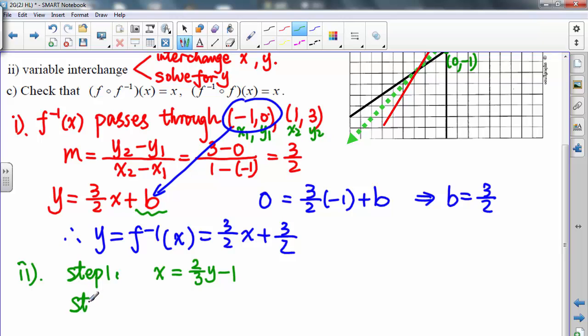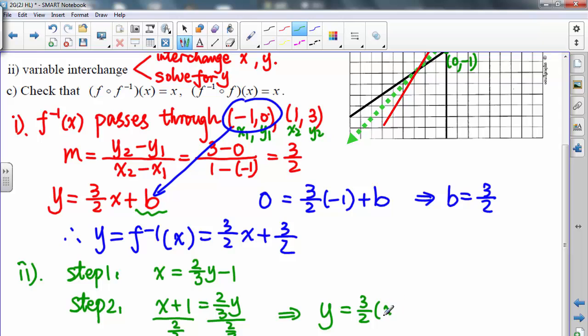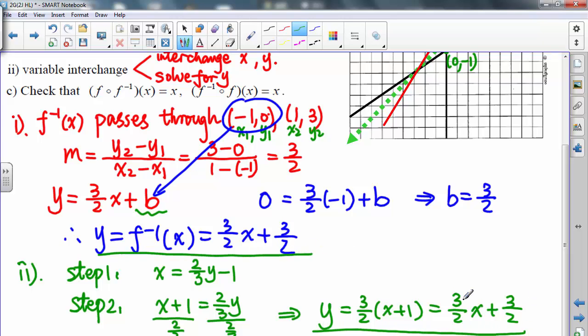Step 2, solve for y. So x plus 1 equals 2/3 y. Then divide both sides by 2/3. So y is 3 over 2 brackets x plus 1. If you distribute 3 over 2 into the brackets, it's 3 over 2x plus 3 over 2. You will see these 2 equations are exactly the same.